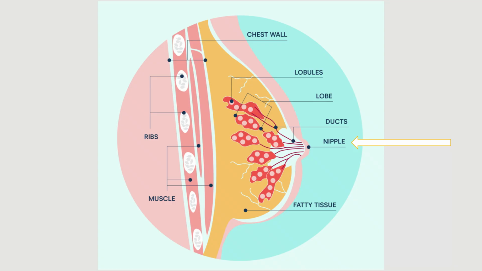The nipple is the conical projection in the center of the breast, roughly at the level of the fourth intercostal space, but it can vary from person to person depending on the amount of fat present in the superficial fascia. It is the most sensitive part of the breast and has rich sensory nerve supply, and also contains smooth muscle which helps in erection and flattening of the nipples.